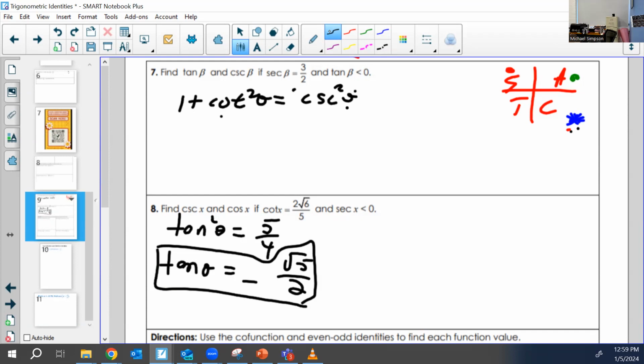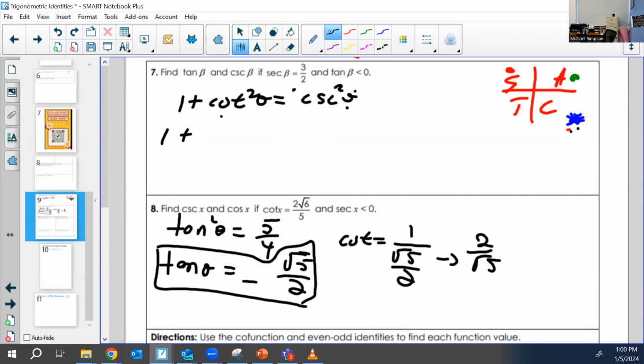So 1 plus cotangent squared, where cotangent is just 1 over tangent. Tangent is square root of 5 over 2. Therefore, cotangent is the reciprocal: 1 over square root of 5 over 2, which is just 2 over square root of 5.